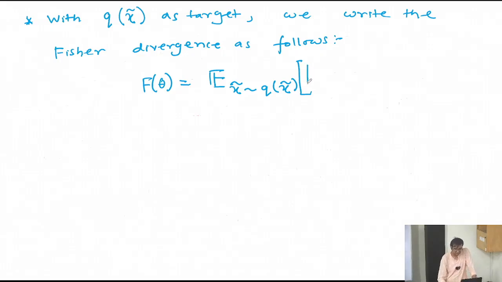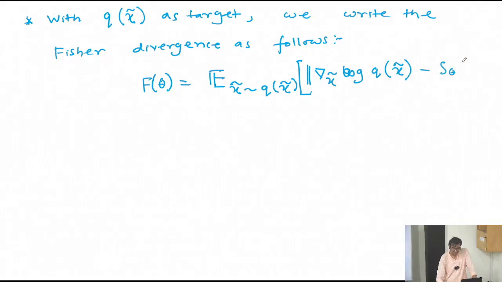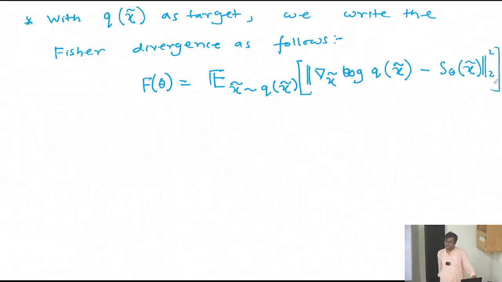Gradient with respect to X tilde of log Q of X tilde minus S theta of X tilde. It is log, by the way. I forgot to write the log. I overwrote. Okay.